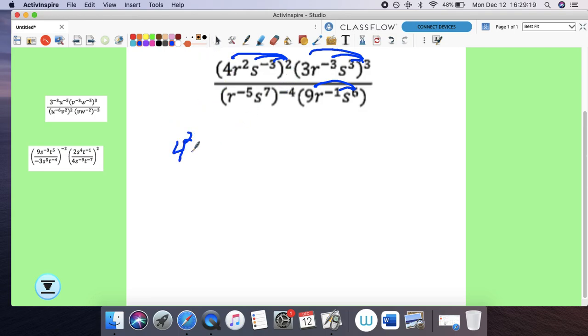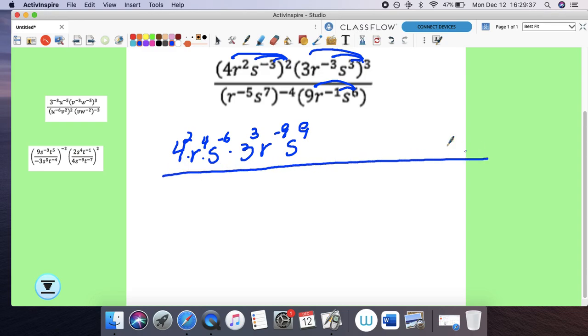So 4 to the second, r to the fourth, s to the negative 6. Here we got 3 to the third, right? Times 3 to the third, r to the negative 3 times 3 is negative 9. 3 times 3 is 9, s to the 9, over. Now, this guy was negative, so I'm going to take the whole thing and put it here on top.